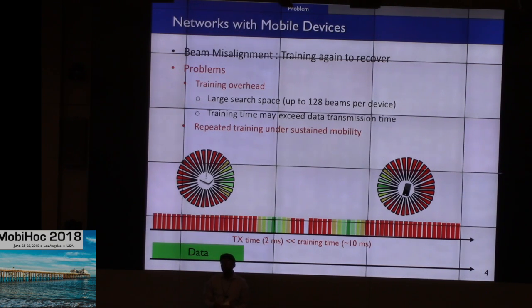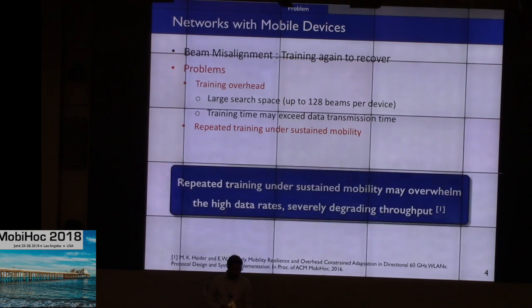Moreover, it is also possible that the mobility patterns are sustained. So in that case, we will have to do this training process over and over again, and that can accumulate the overhead. In fact, our prior work on beam training in MobiHoc 2016 shows that repeated training under sustained mobility may actually overwhelm the high data rate advantage of 60 GHz networks, severely degrading the network throughput.